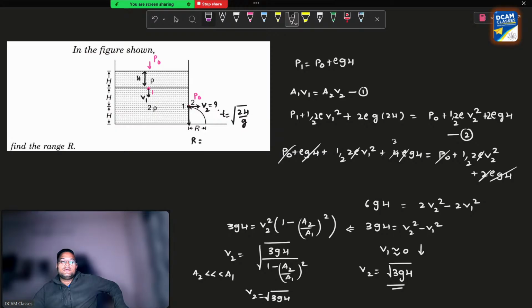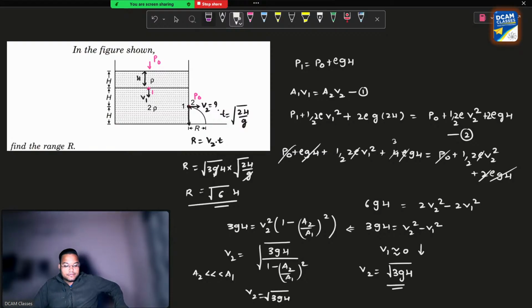And range will be equal to v2 into this time t. So R is equal to root 3gh into root 2h by g, so root 6h. R is equal to root 6h. This is the answer.